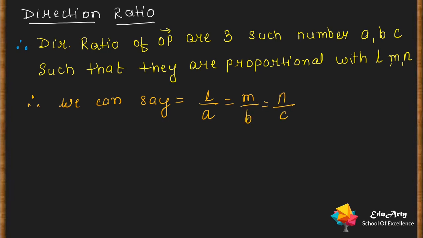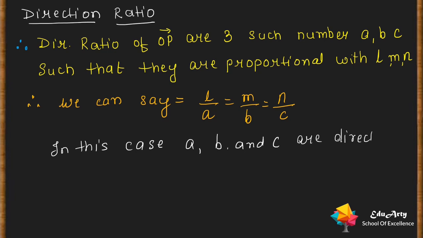In this case, a, b and c are direction ratios of the OP vector, correct?